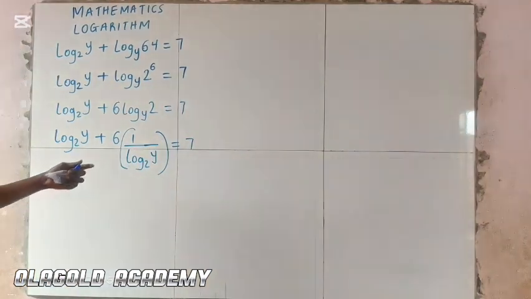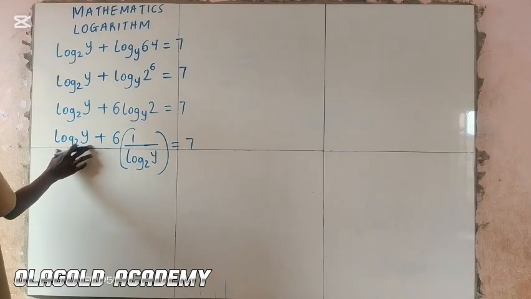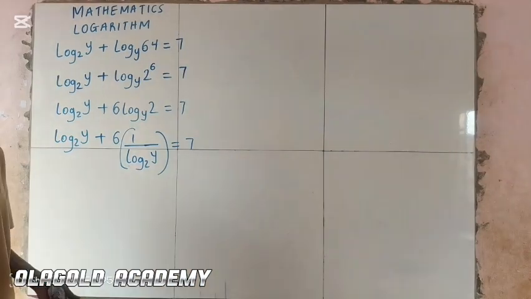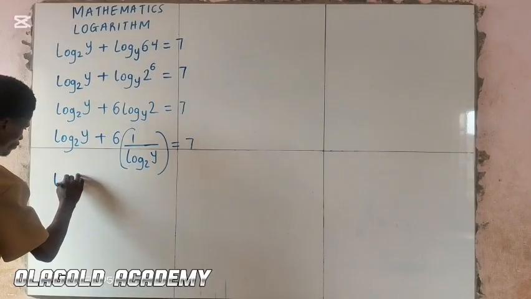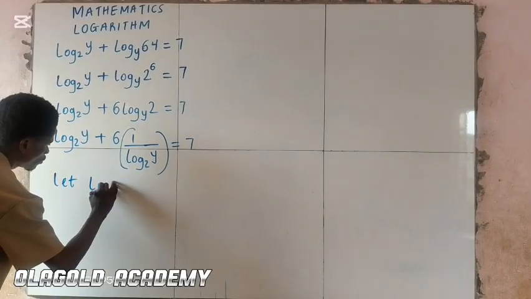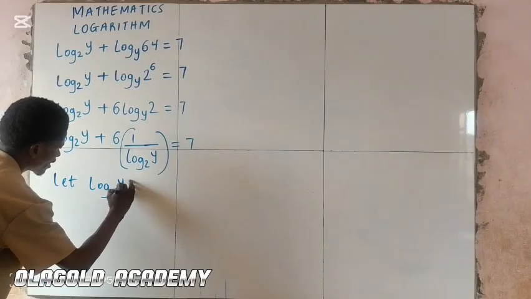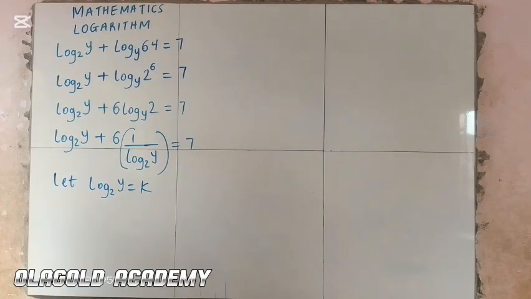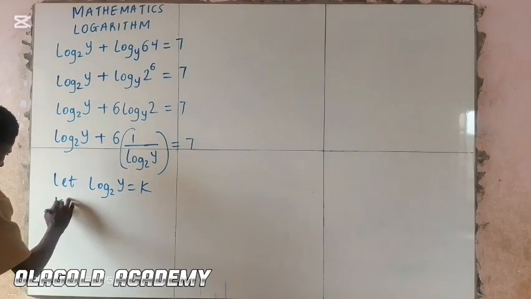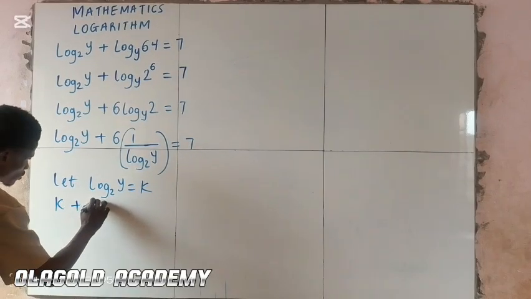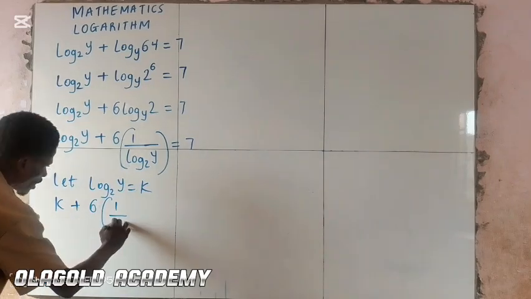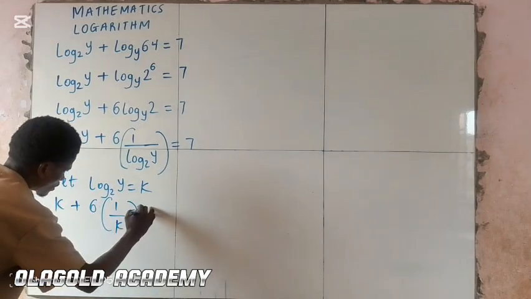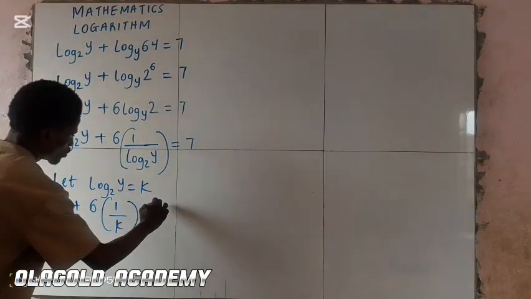Our next step here is to let log 2 of y be k. So you can choose any variable if you like to. So let log 2 of y equal to k. From here, I'm going to have k plus 6 open bracket 1 over log 2 of y, which is now k, close bracket equal to 7.